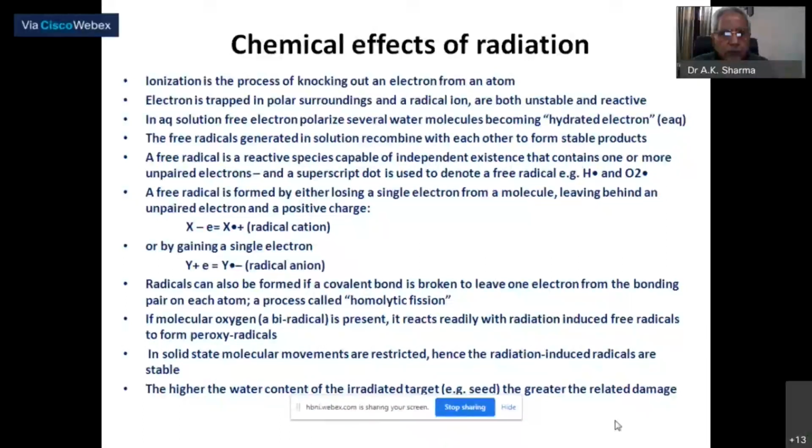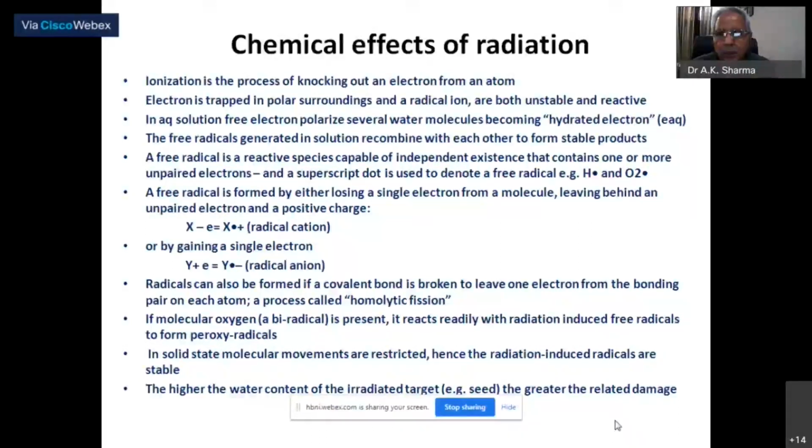As for the definition, a free radical is a reactive species capable of independent existence that contains one or more unpaired electrons. There are certainly long-lived free radicals which have an unpaired electron, and there are also very short-lived radicals, which may immediately react with their surroundings.